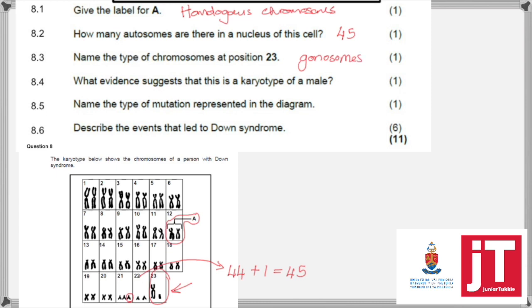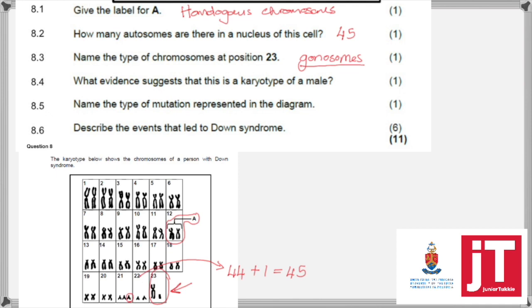And then 8.4. What evidence suggests that this is a karyotype of a male? Well, question 8.3 referred to our gonosomes, which refer to the sex chromosomes. So let's have a look. Are these unique? Yes. Are they the same? No. We can see they're different sizes. We can see that this is probably representative of 2 different combinations, so one from the male parent and one from the female parent.